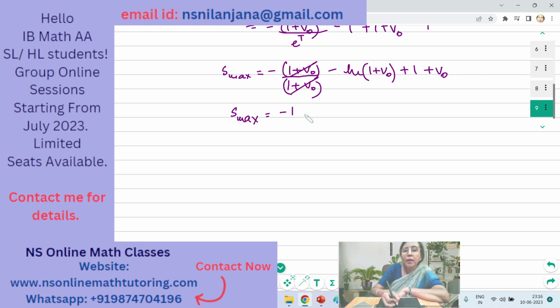This is minus 1 minus ln of 1 plus V0 plus 1 plus V0. These two will be getting cancelled. So we have S max equal to V0 minus ln of 1 plus V0.